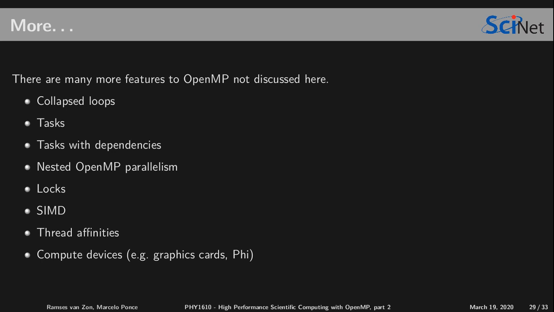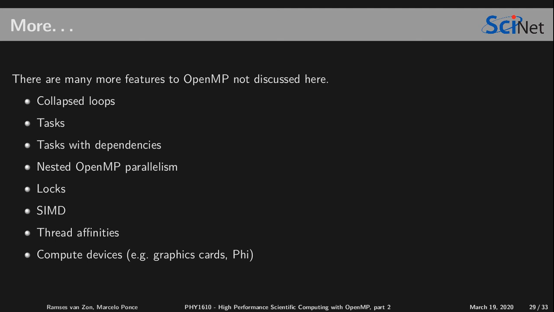You might want more fine-grained control than just having critical or pragma, where you basically say this region is critical, but only if you touch variable A or something like that. So you can use locks to deal with that. Those are also in OpenMP. There's also constructs to use parallelism that's in the chip.